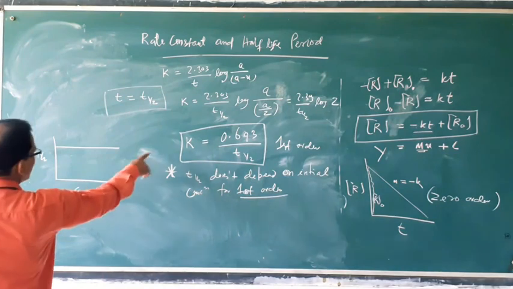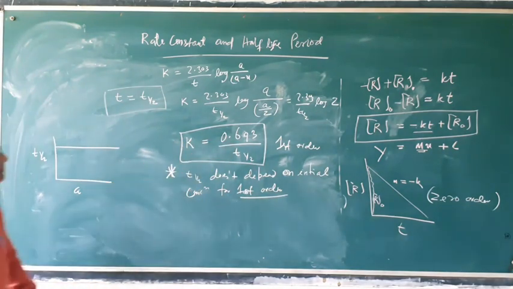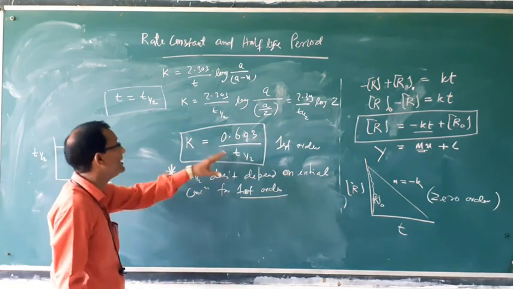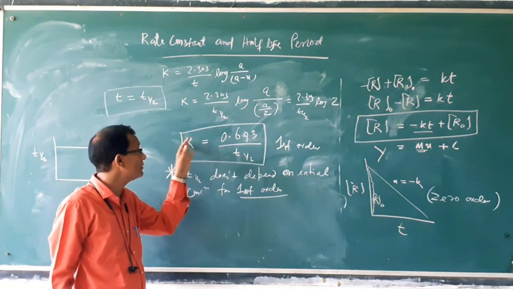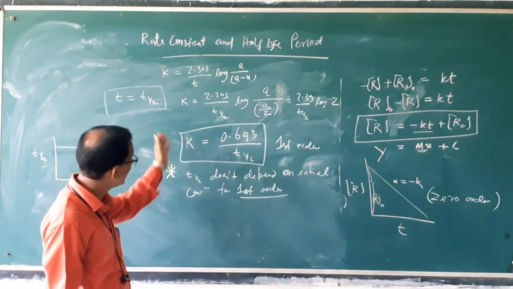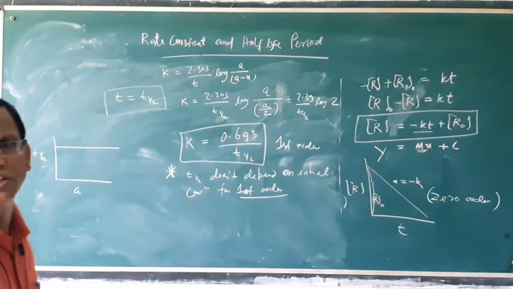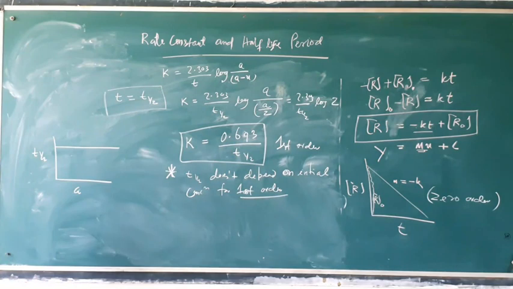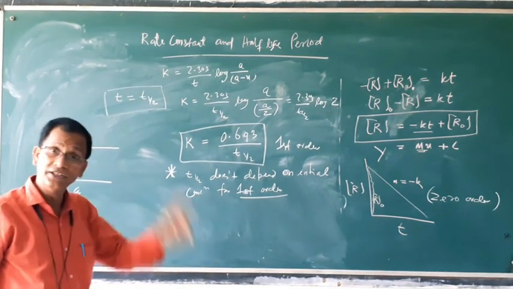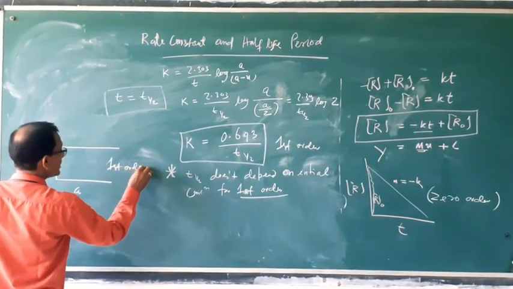As it does not depend upon the a value, there is no a term. That's why t half depends only on k. This expression shows t half is related to k, but it is not related to concentration. No concentration term is used here. That's why the t half versus a relation is like this. This is for first order.